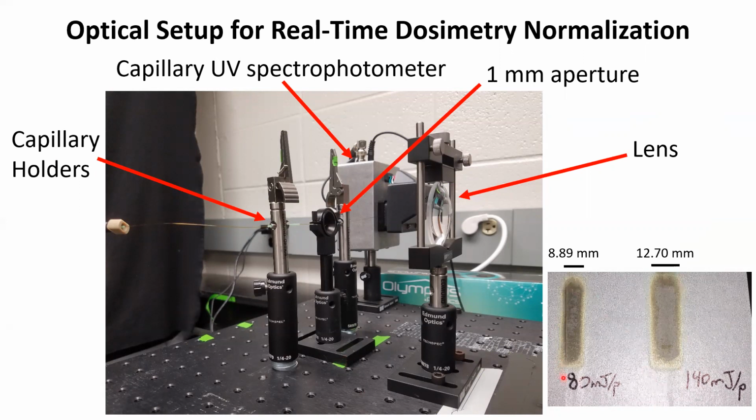So this is a beam profile of our excimer laser at 80 millijoules per pulse versus 140 millijoules per pulse. And what you can see is the beam size changes considerably as we increase the energy. It gets much, much larger.